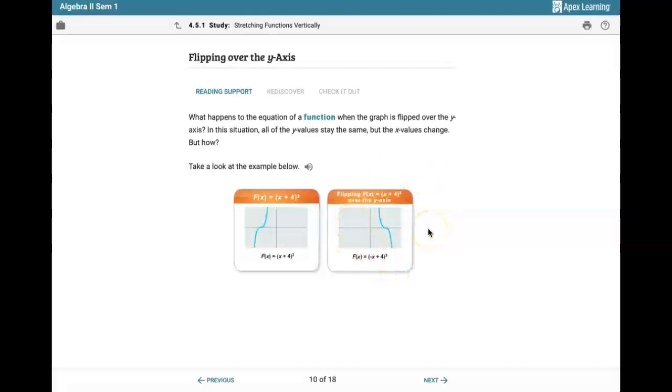And then again, we're going to have that squared functionality there. So when we flip across the y-axis, all of the y values will stay the same, but what changes will be the x values.